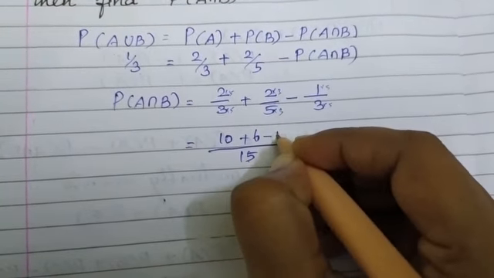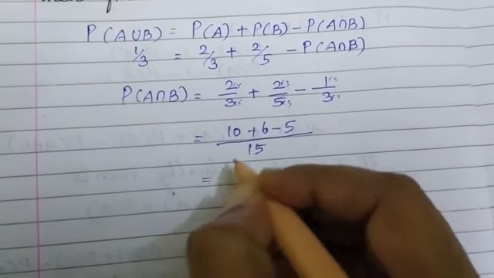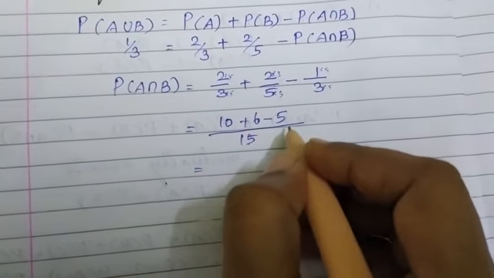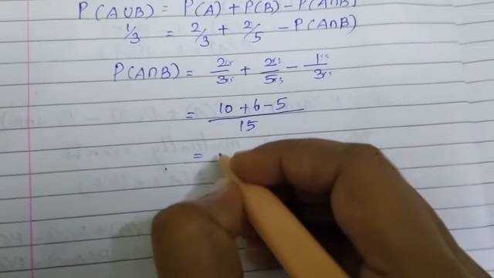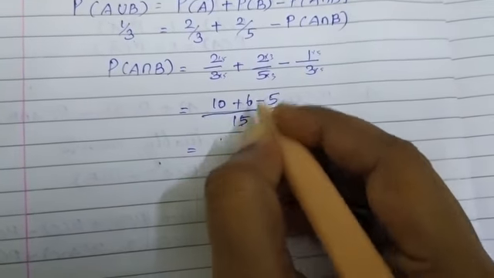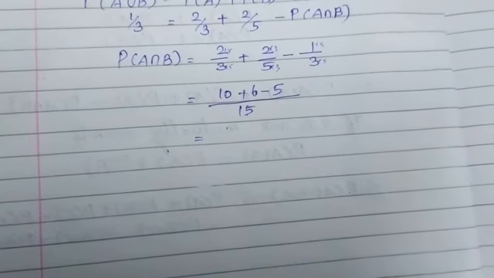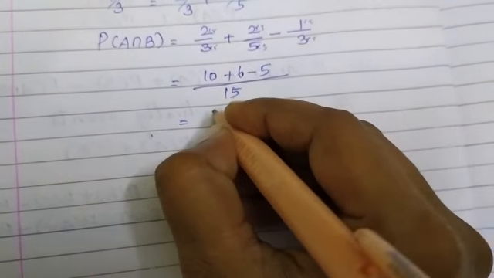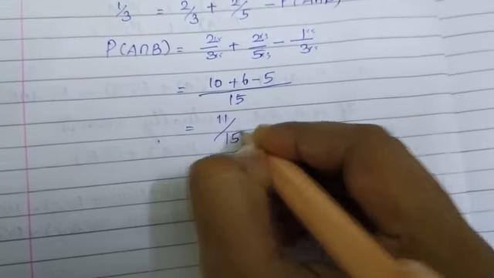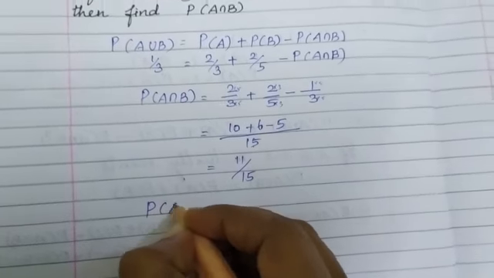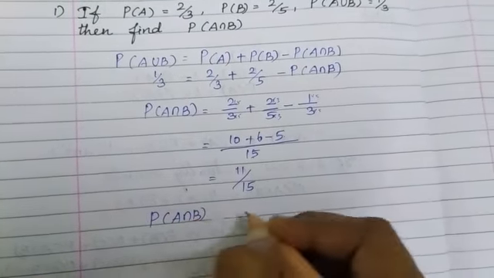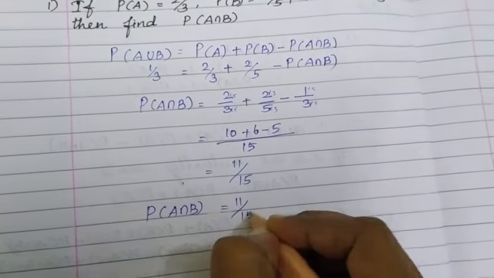So 1 5 is 5. So 10 plus 6, 16. Sorry, 10 plus 6 is 16. 16 minus 5 is 11. 11 by 15. So the answer P of A intersection B is equal to 11 by 15.